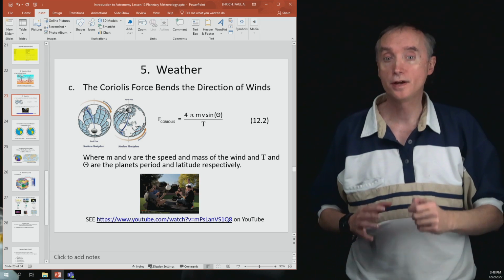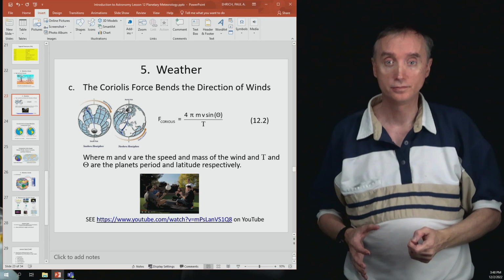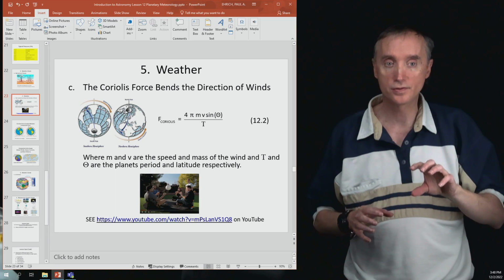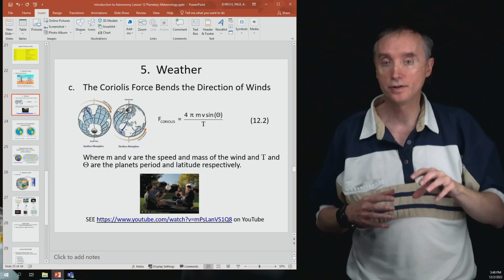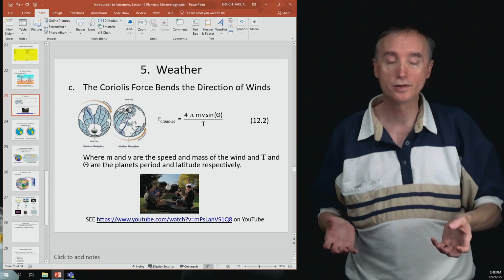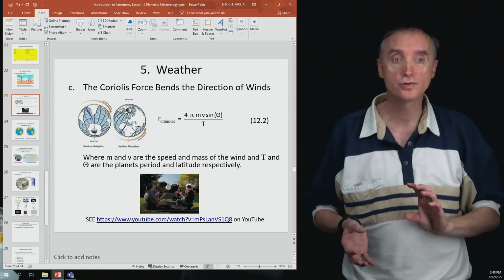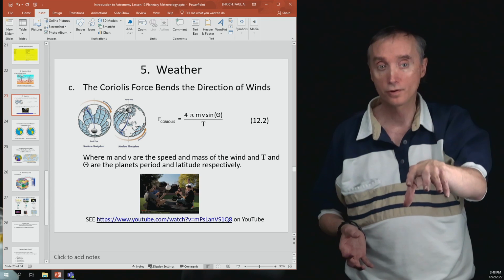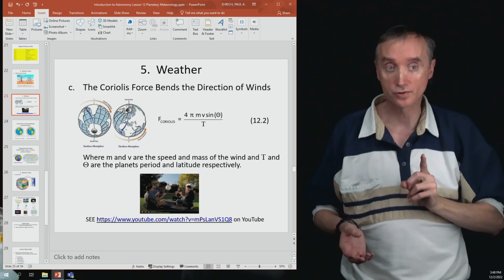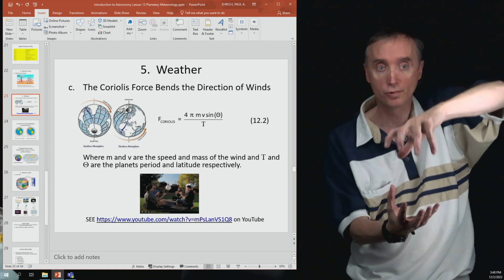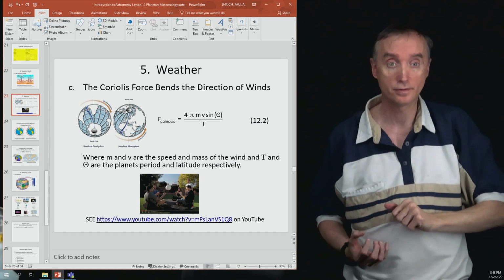Now the Earth does the same thing. So imagine the wind is starting out at the equator, and it's trying to go to the North Pole, so it's going in a straight line, but the Earth is rotating out from underneath it.